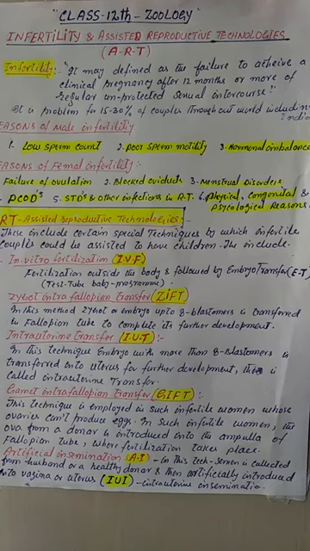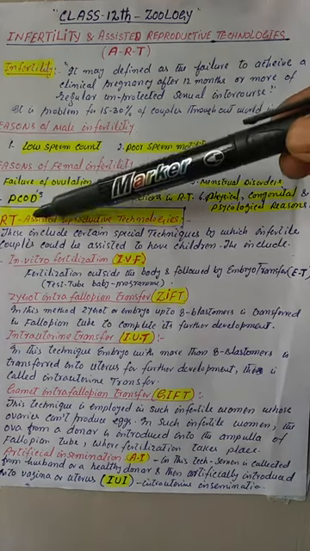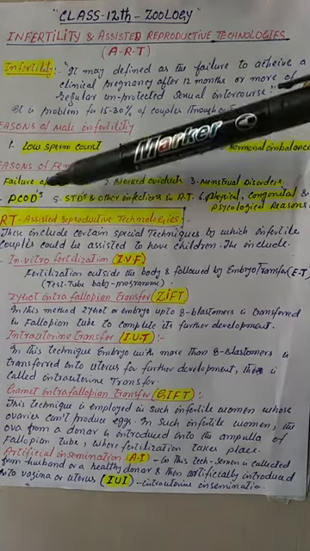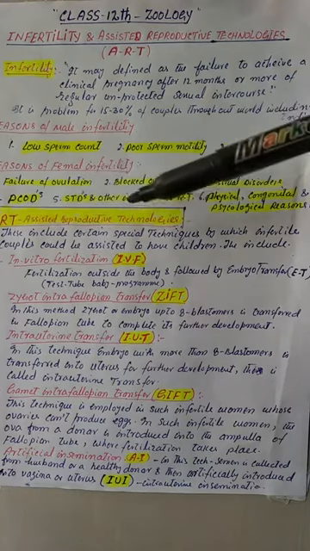However, where such corrections are not possible, the couples could be assisted to have children through certain special techniques commonly known as assisted reproductive technologies, abbreviated as ART.